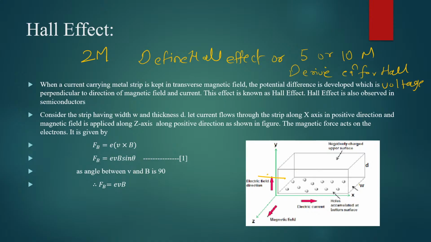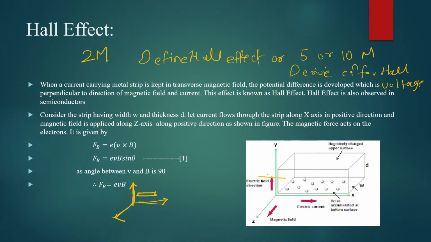Whenever the metal strip is kept like this, and the current is flowing in this direction and the magnetic field is in this direction, then the potential difference is developed in this direction. That means perpendicular to both the current and the magnetic field.